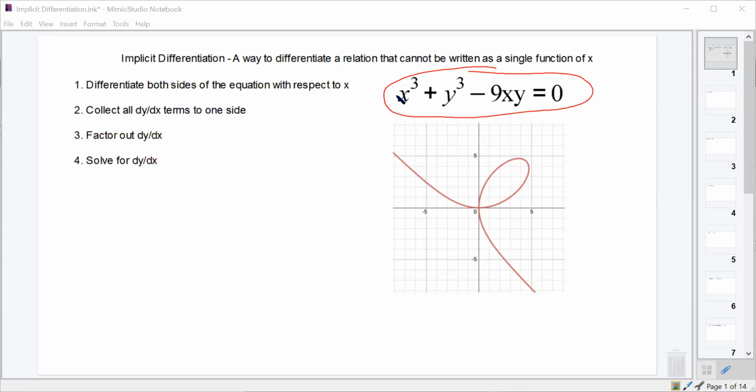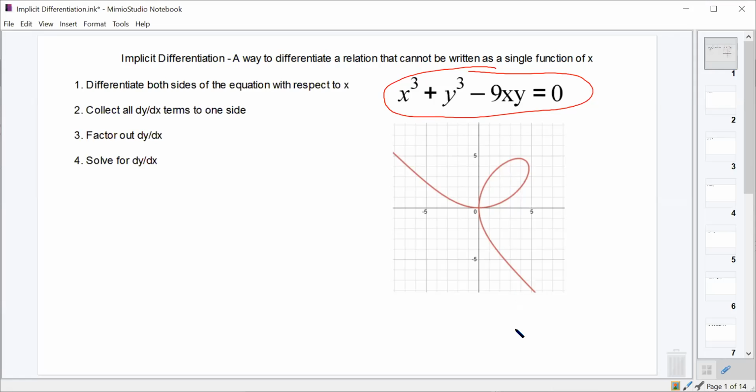So here I have x cubed plus y cubed minus 9xy equals 0. Clearly, this is not a function, right? There's your vertical line test. Fails the vertical line test miserably, right? Yep, doesn't pass that vertical line test.